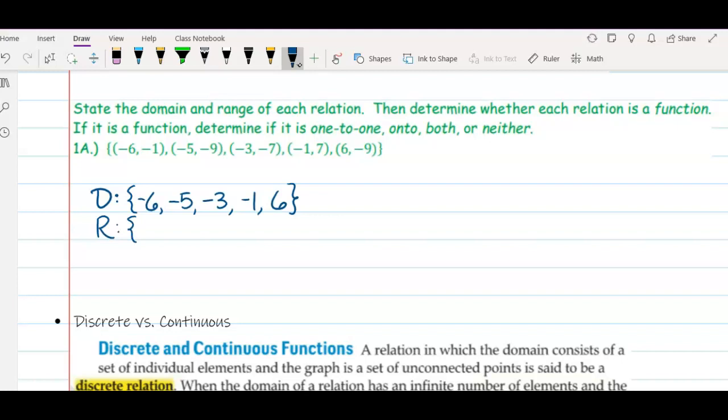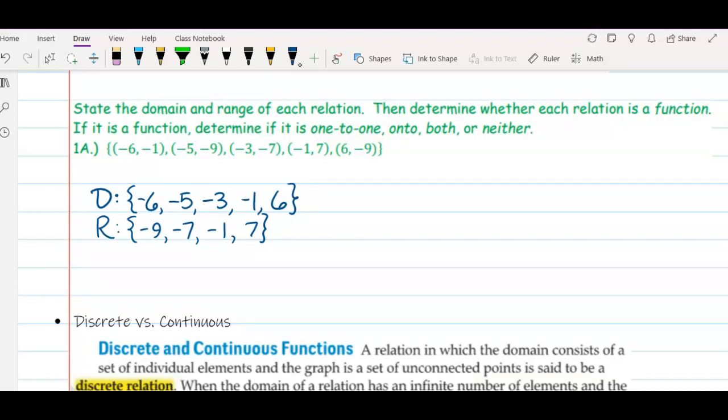We usually like to list them in order from least to greatest, as I did with my x values. -9, -7, -1, 7, and -9, we already have it on our list, so we don't have to write it again. There's our range.